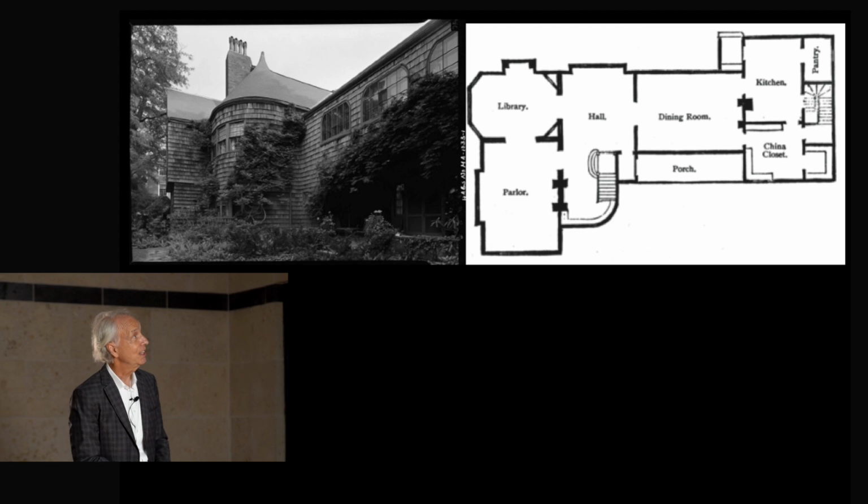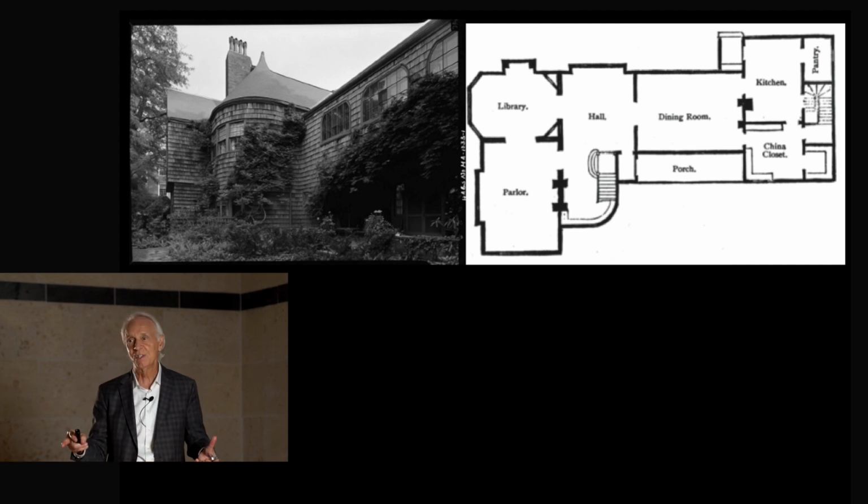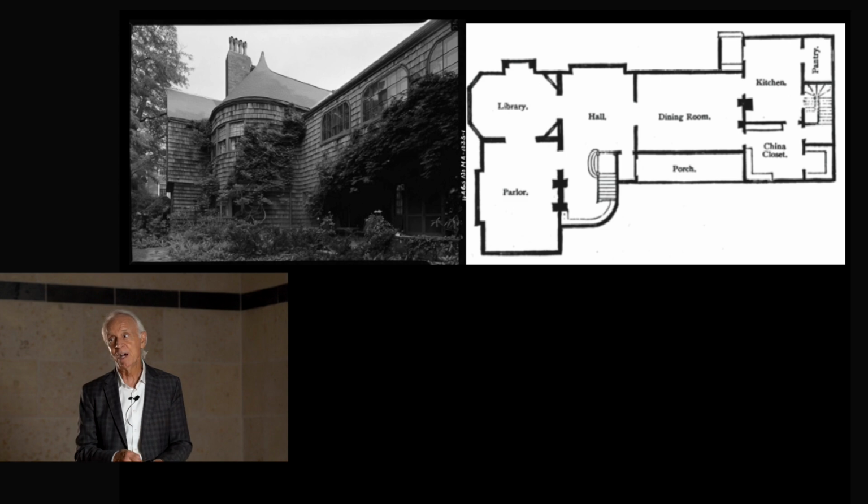And here you can see the Stoughton house that Richardson did in 1882. And this would have been a house in Cambridge that Sullivan would have known. And again, if you take the typical building of the time, this is so different because it really is generated by function.